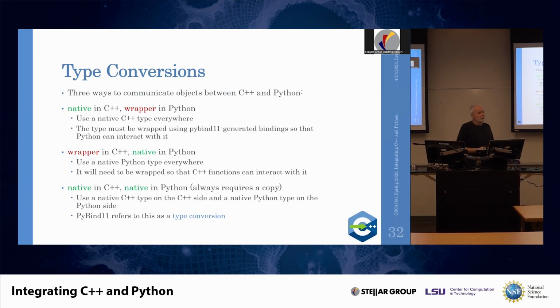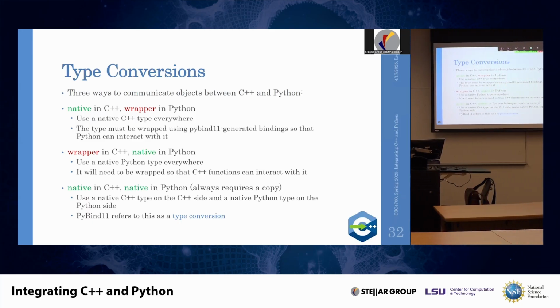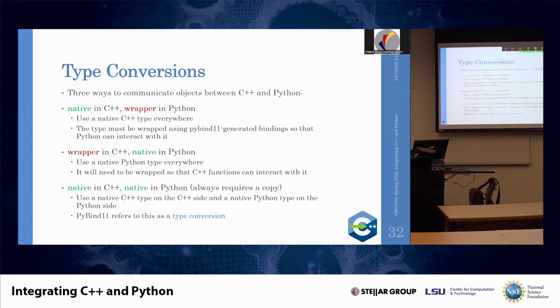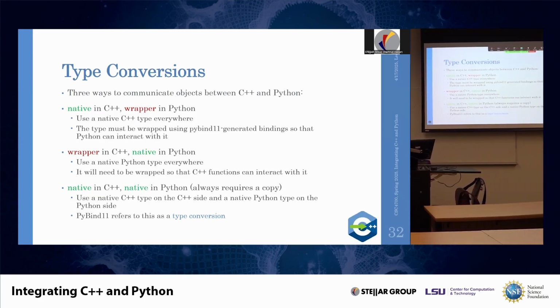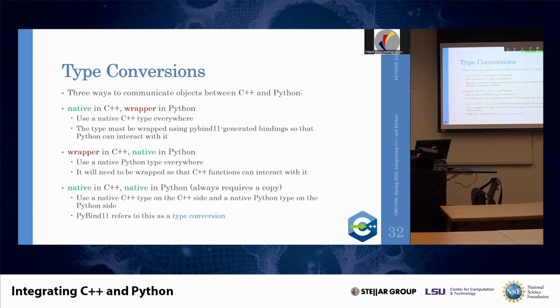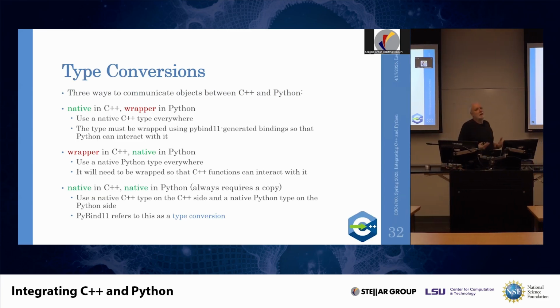This one is very convenient but a bit dangerous because it always requires copying of data. Right? When you pass a std::string over to Python, then it will not be wrapped. It will be creating a Python string and copy the string over into the Python side of things. Same in the other direction. So when you use native bindings, you always copy data.